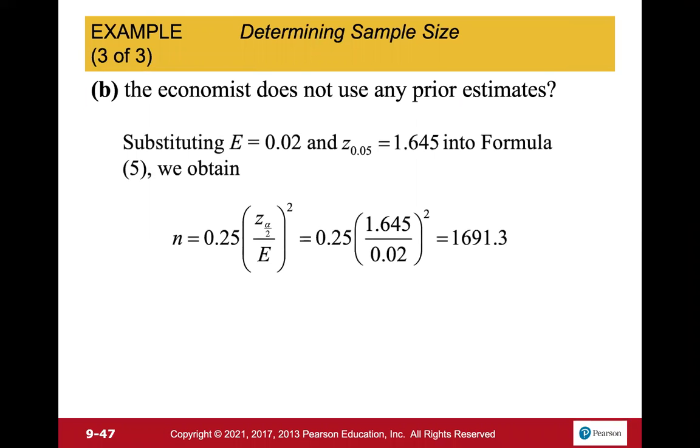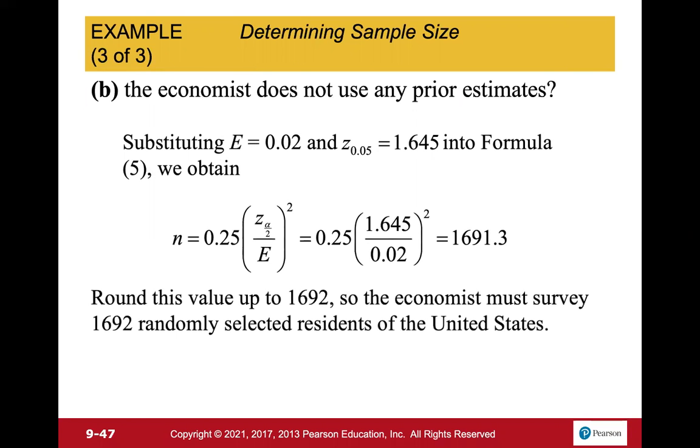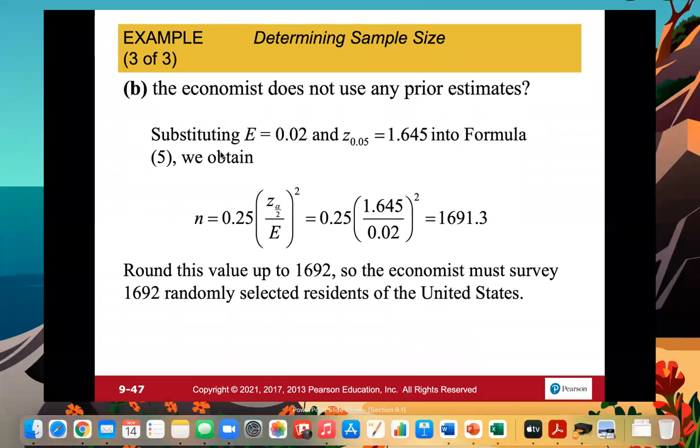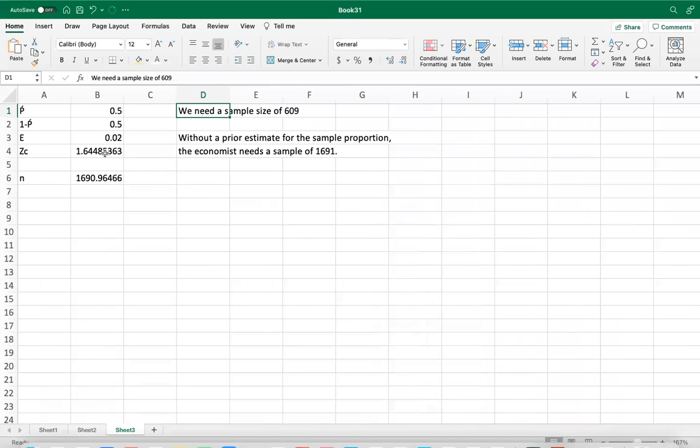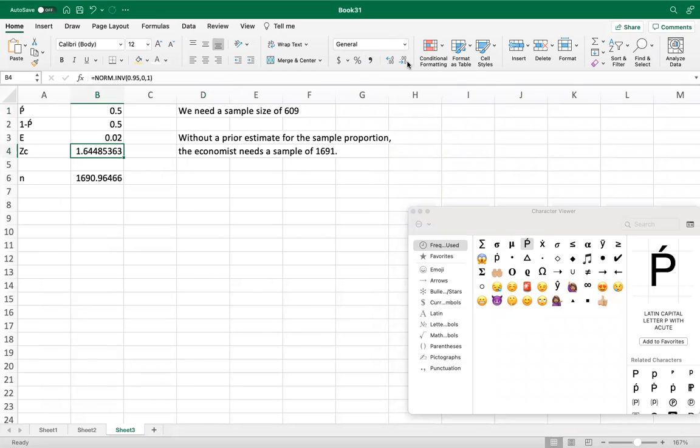So 1,691.3 rounded up to, what is theirs different? So 1.64.